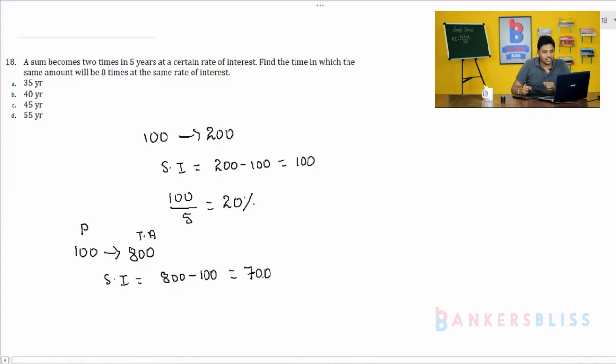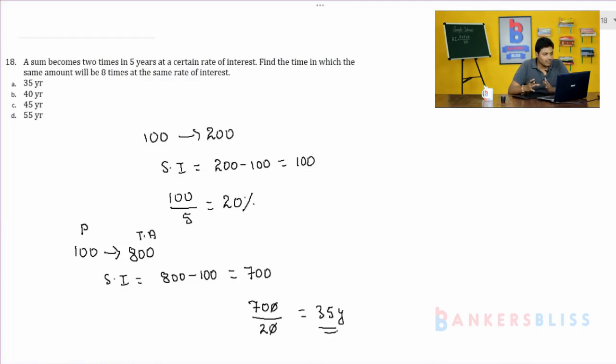So, for how many years are you going to get 700? To calculate the time period, you divide 700 by 20. So, 0 0 cancel, 70 by 2, which is equal to 35. So, 35 years is the time required to become 8 times at the rate of 20% per annum. Very simple, 2 questions merged into one.